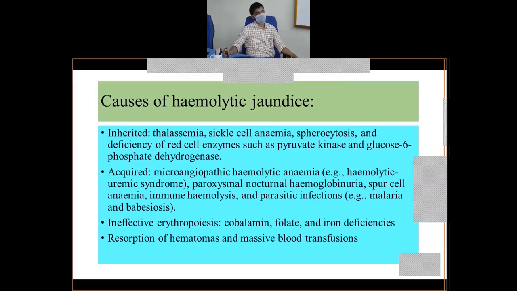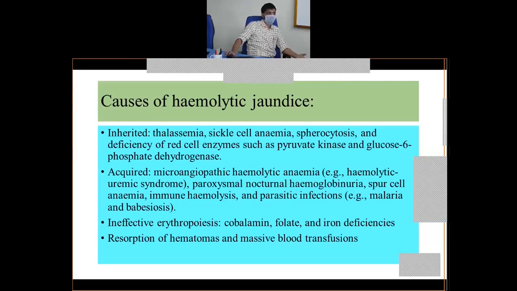The causes of hemolytic jaundice are the inherited ones like thalassemia, sickle cell anemia, spherocytosis, and deficiency of red cell enzymes like pyruvate kinase deficiency or G6PD deficiency. Then the acquired causes are microangiopathic hemolytic anemia like hemolytic uremic syndrome, paroxysmal nocturnal hemoglobinuria, spur cell anemia, immune hemolysis, and parasitic infections like malaria and babesiosis.